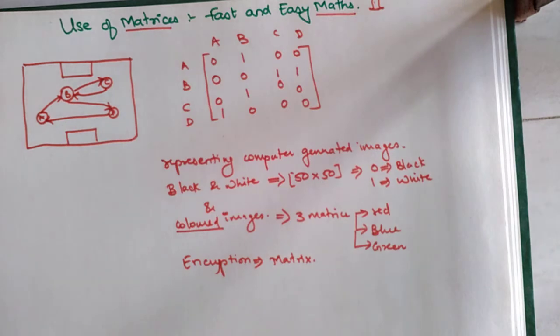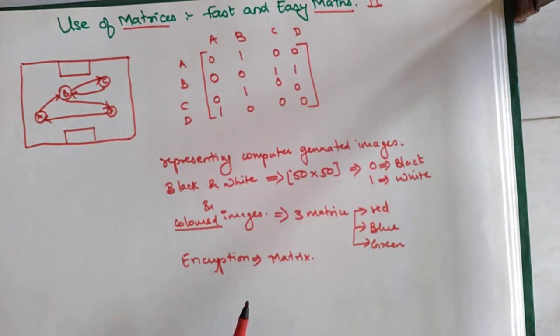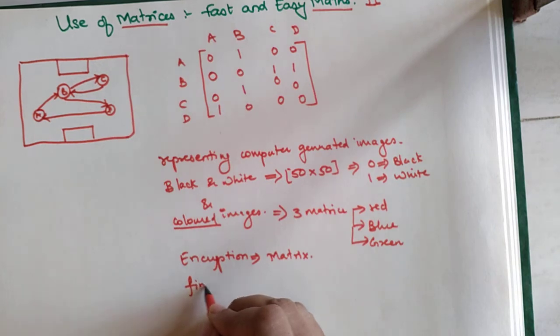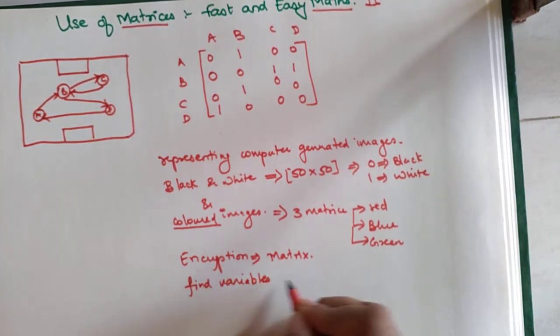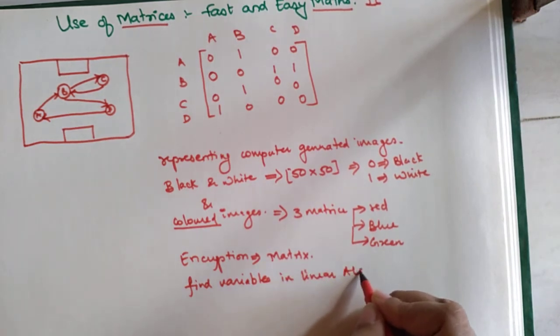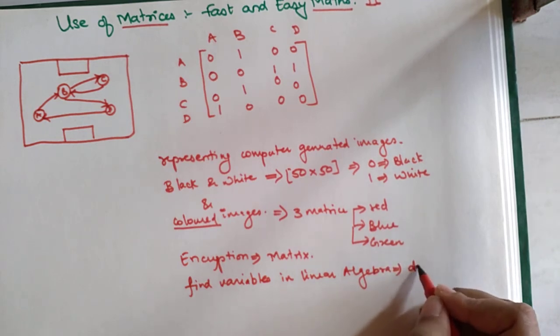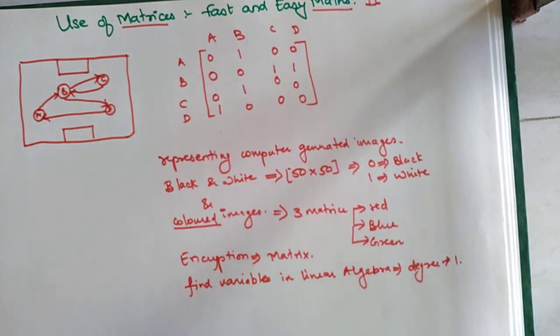Now this is all fine, but there is another very important use of matrices, and that is how to find variables in linear algebra. Linear algebra meaning the degree is always 1.